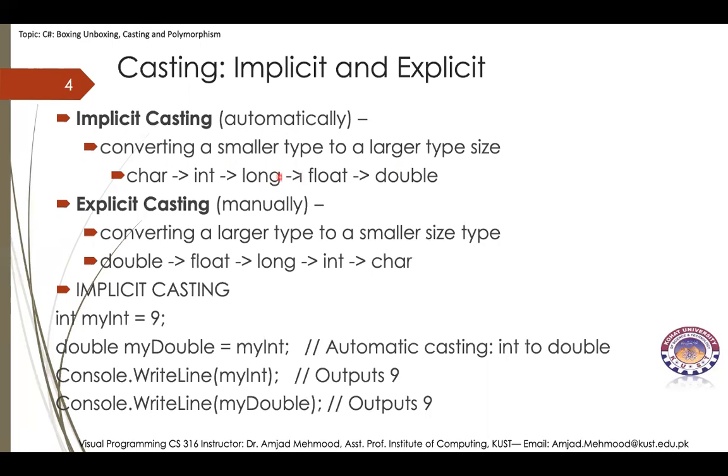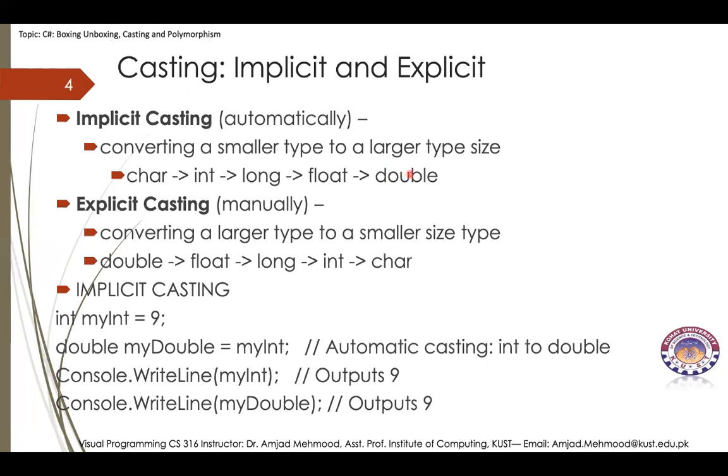So we call it implicit casting. For example, if you want to convert character to integer, or integer to long, or long to float, or float to double, you need not mention explicitly which type you want to convert to, because there is no loss of value.